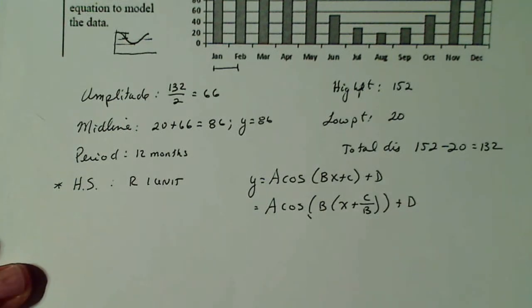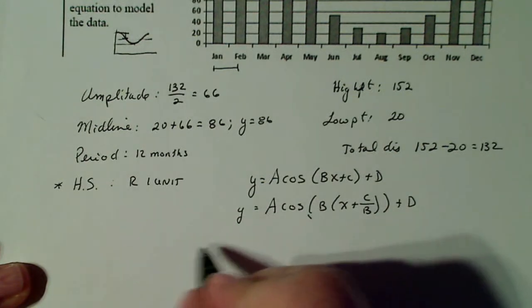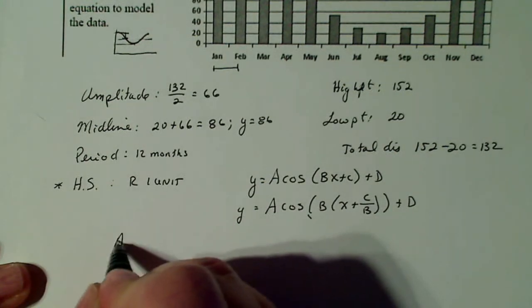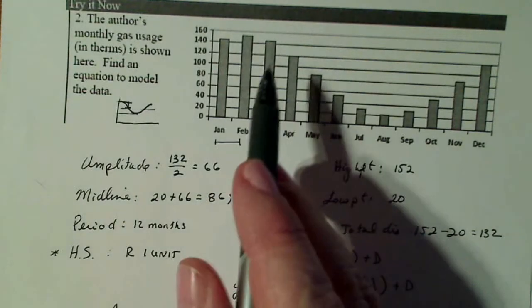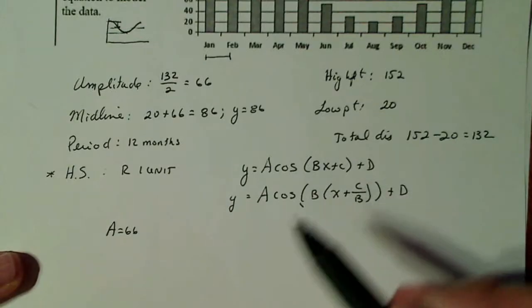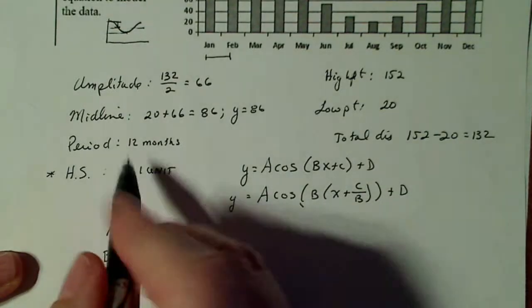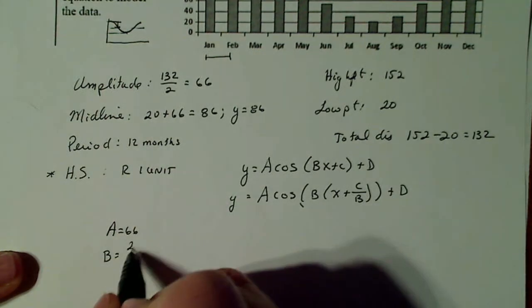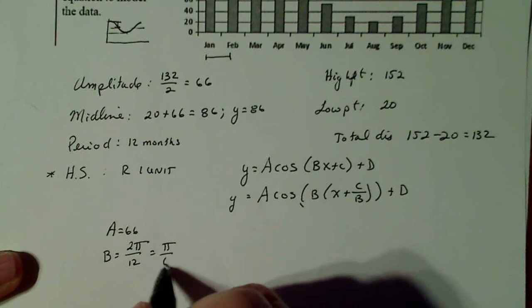It's not that bad. Okay, now A has to do with the amplitude. So I'm going to say A is 66, and we decided it was positive because of the shape of the graph, starting high and going low. B, my value, has to do with my period, which is 2 pi over my period, or pi over 6.